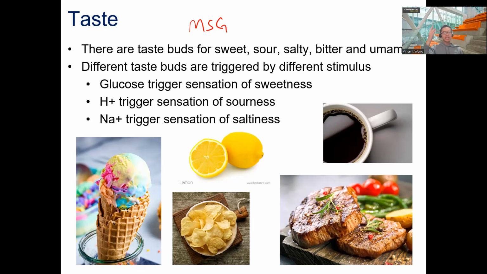Your entire tongue has the ability to detect all the tastes. The tip is not only for sweetness; you can detect sourness and saltiness with the tip of your tongue as well. But maybe some parts are more sensitive to some tastes than others. So that's something to keep in mind.